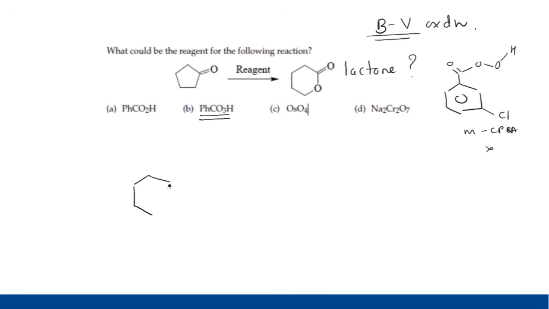So phenyl refers to C6H5 and there is carbon, oxygen, and since there are three oxygens, you can write it like this. It's nothing but a peracid. So a peracid can also do this reaction wherein a five-membered ring, you can see the oxygen will get inserted here to form a six-membered cyclic ester. Hence, the final answer is option B.